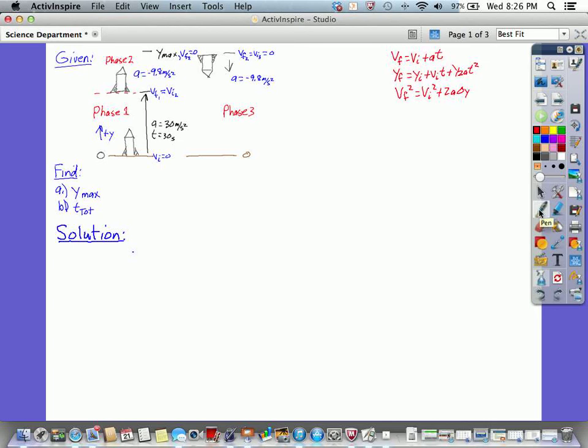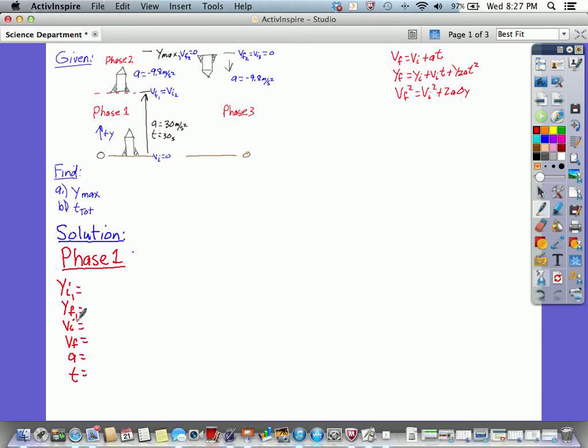So let's look first at phase 1. Let's do the same thing we've done so far. What do we know? Y initial, Y final, V initial, V final, acceleration, and time.